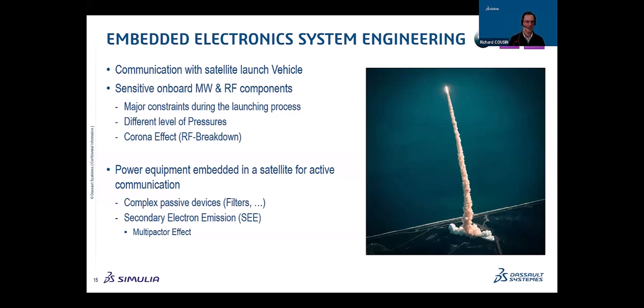The multipactor effect is the effect under vacuum when you have an electron which is accelerated by the local E field that you have in the device. These primary electrons can hit the walls, extract a secondary electron from the structure, which is then once again captured by the local fields and creates an avalanche effect, which might then create some damage for the passive component.